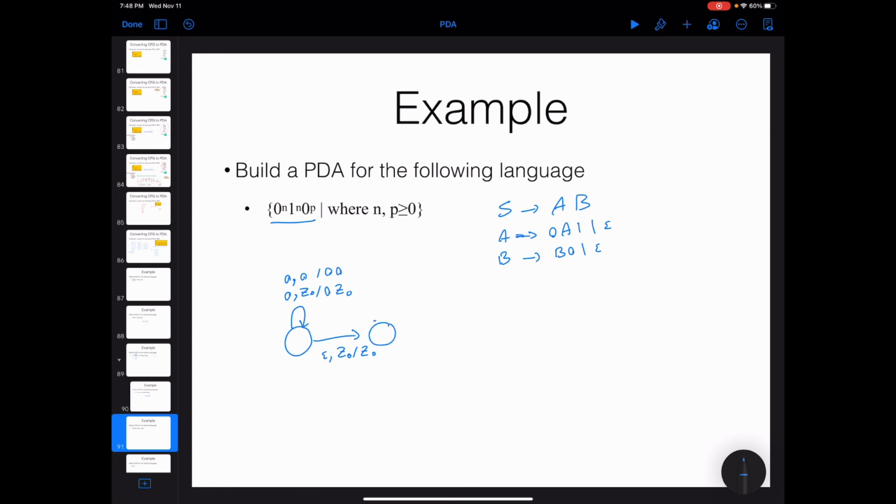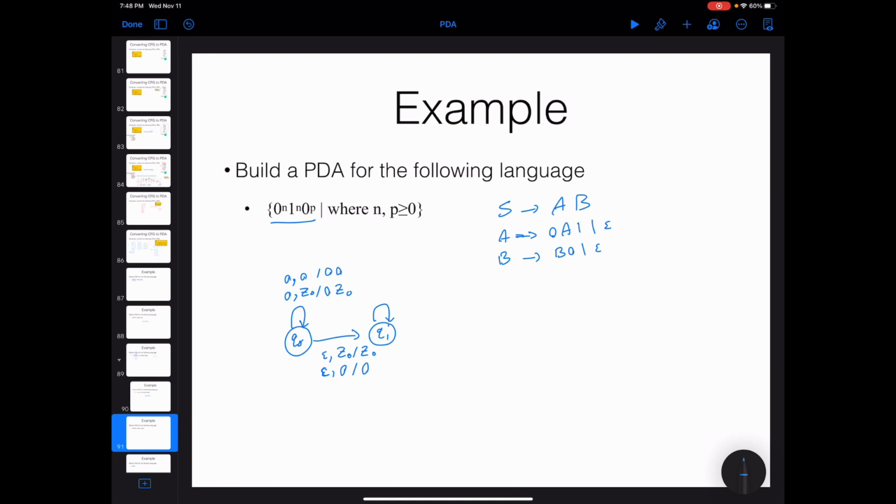This state is going to just pop the ones, or if the top of the stack is 0, just don't touch it and move to this state. Let's just call this one Q0, Q1. Q1 is popping all the ones that you have pushed.